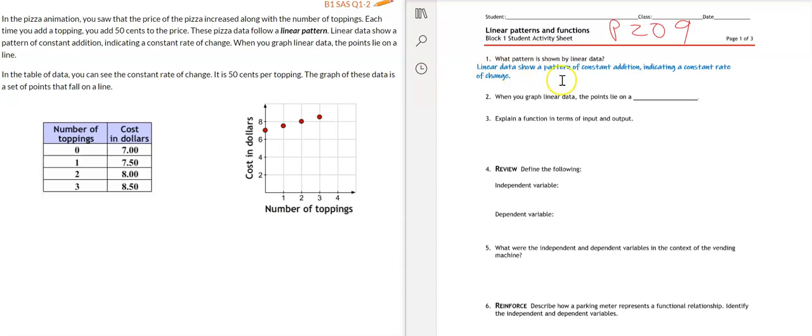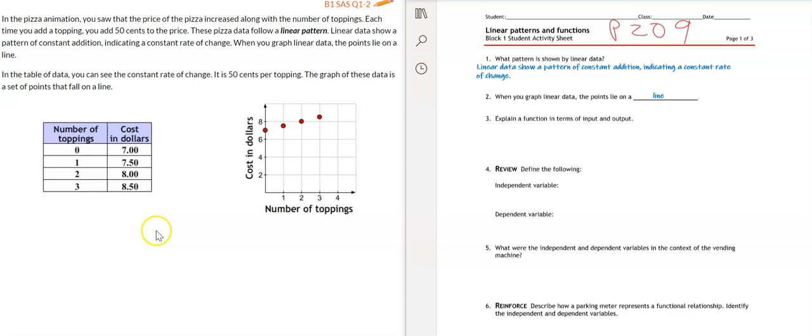Linear data show a pattern of constant addition, indicating a constant rate of change. And then the second question asks, when you graph linear data, the points lie on a what? Well, this says here on the left-hand side, when you graph linear data, the points lie on a line. Okay, there you have it. They lie on a line.